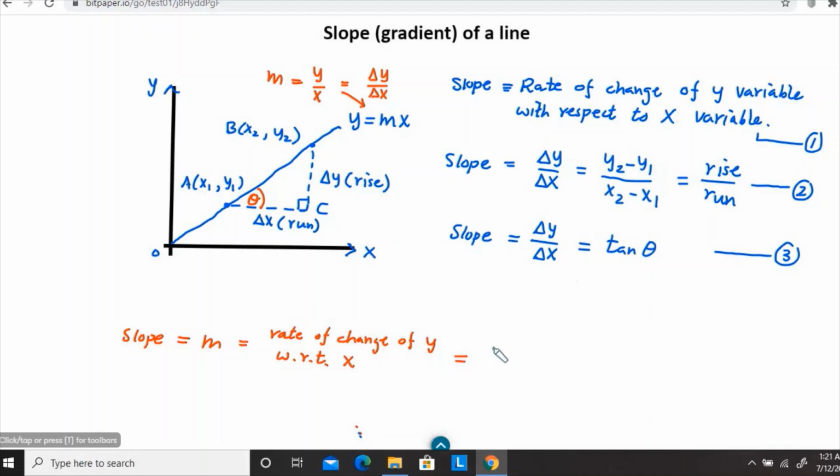Another way of defining it is delta y over delta x, where delta y stands for the rise and delta x stands for the run. And the third way of defining m, or the slope, is simply to consider the angle the line makes with the positive x direction and take the tangent of that angle.